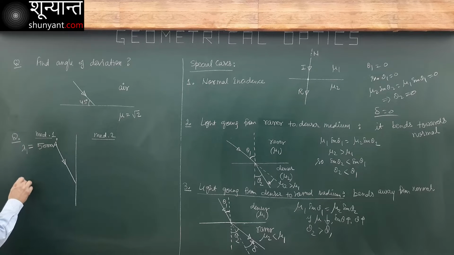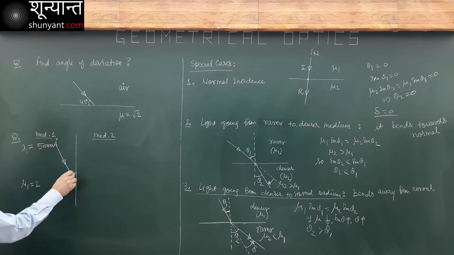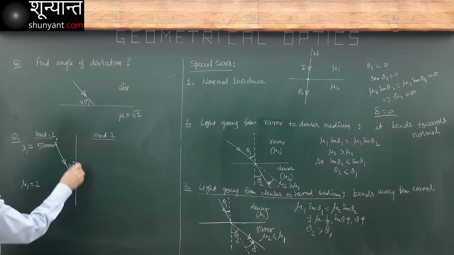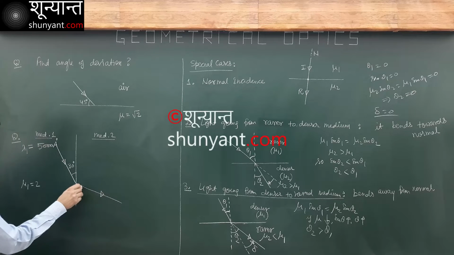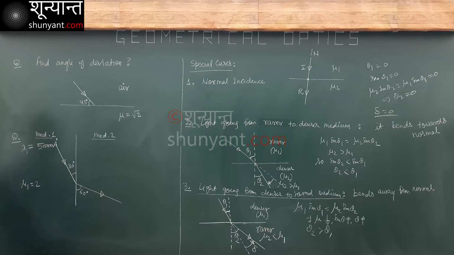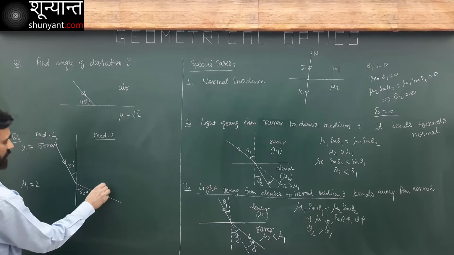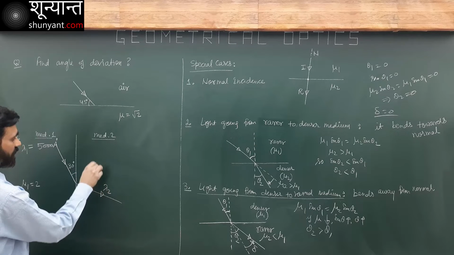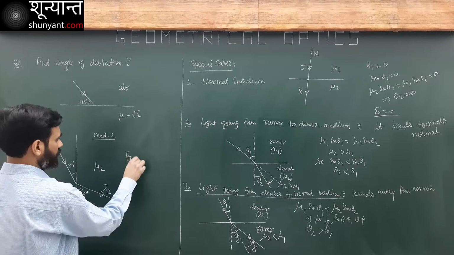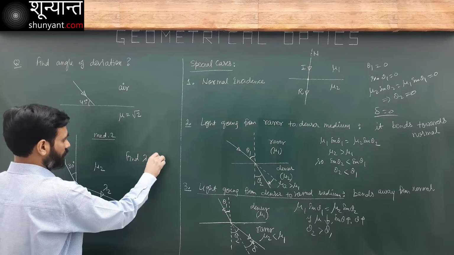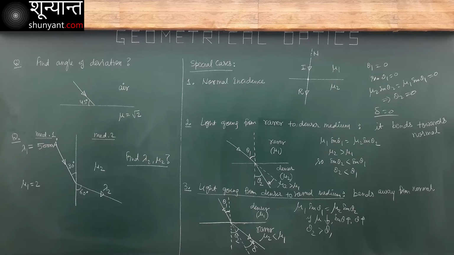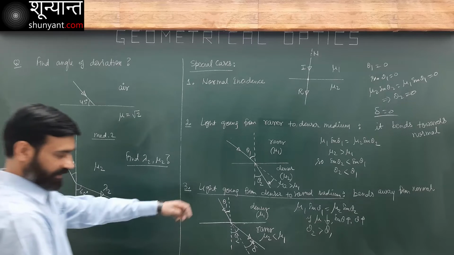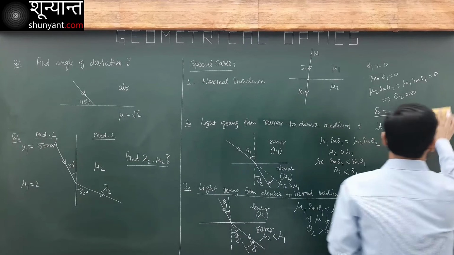This mu1 is equal to 2. This angle is 30 degree, and this angle here is 60 degree. This is lambda 2 and this medium is mu 2. Find lambda 2 and mu 2. Can you do that? Okay, let's do these two problems, then we are going to do a few more if we have time.